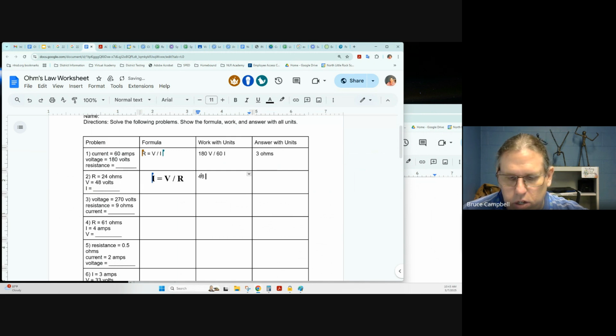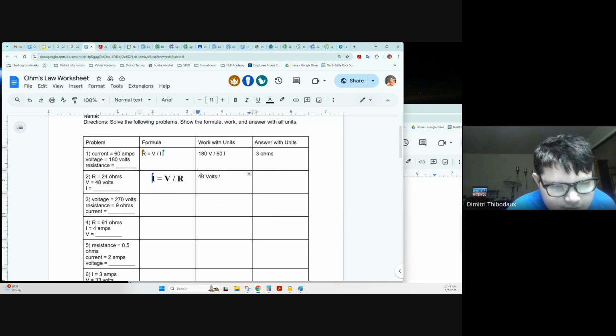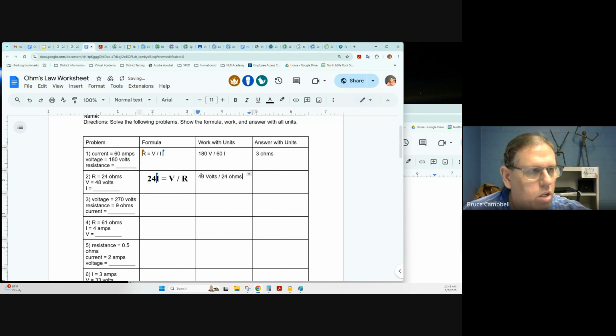48 volts. What am I putting for R, everybody? You're putting 24 ohms. Somebody want to give me some math on that?